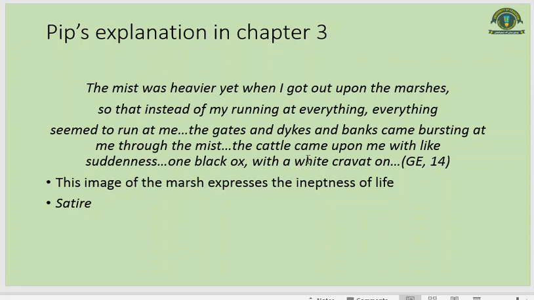So this confusion, this chaos has been shown. The actual life of Charles Dickens may be associated here in his art of characterization, in his art of presenting things and environments in this novel, Great Expectations.